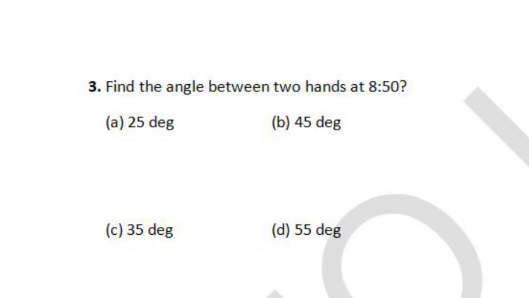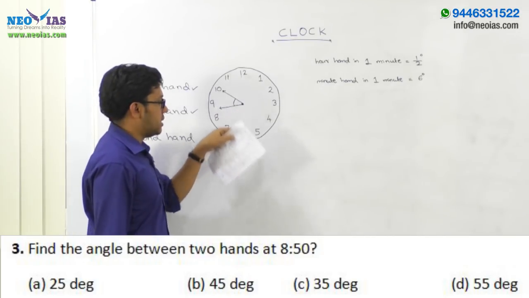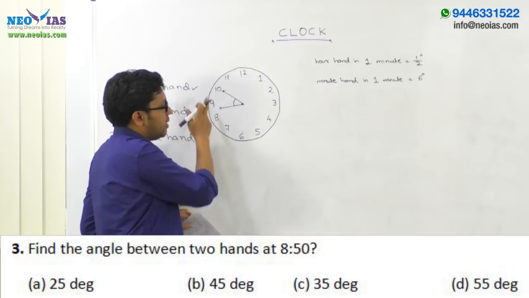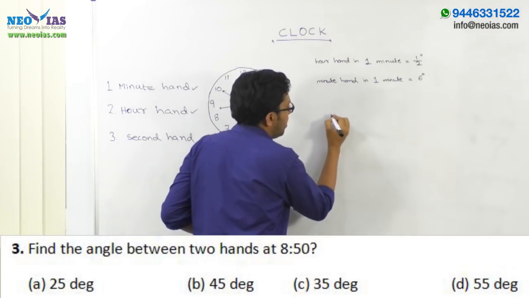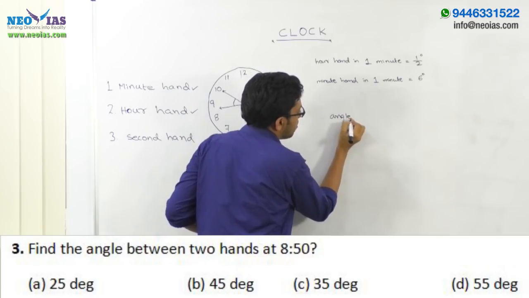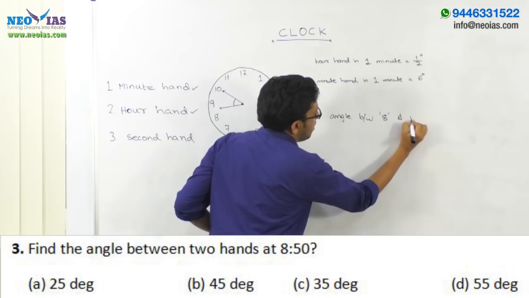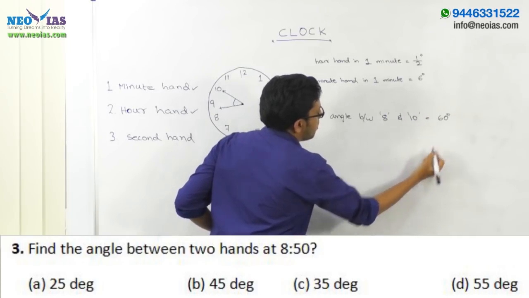Find the angle between two hands at 8:50. At 8:50, the two hands of the clock will be like this. And what is the angle between 8 and 10? 30 plus 30, the angle is 60 degrees. Angle between 8 and 10 is equal to 60 degrees.